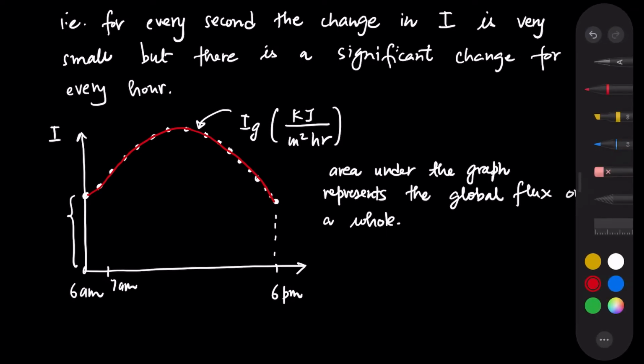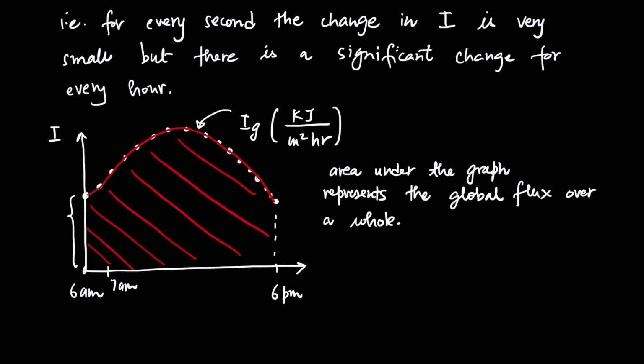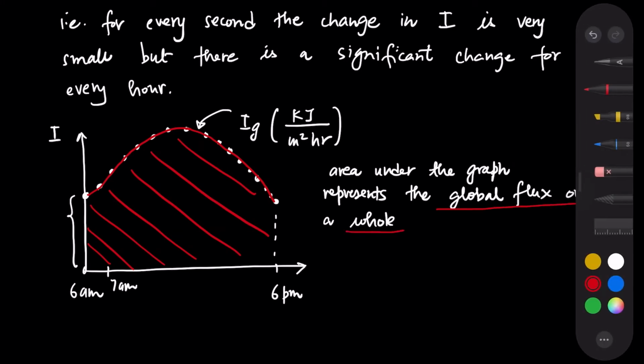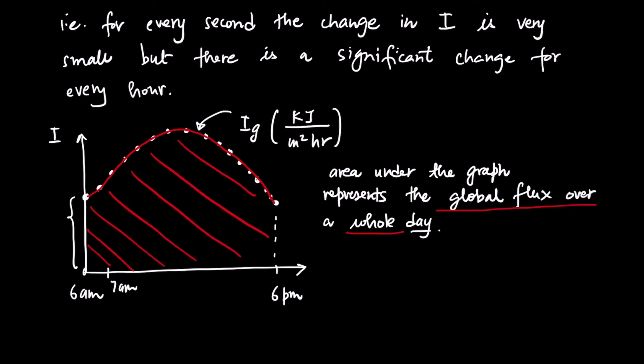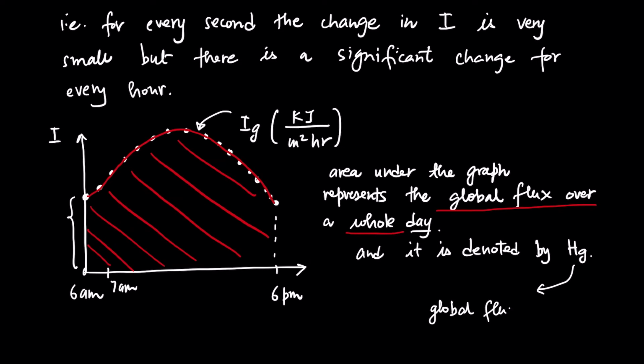The area under the graph is the global flux over a whole day, and it is denoted by capital H G. So this is the global flux over a whole day.